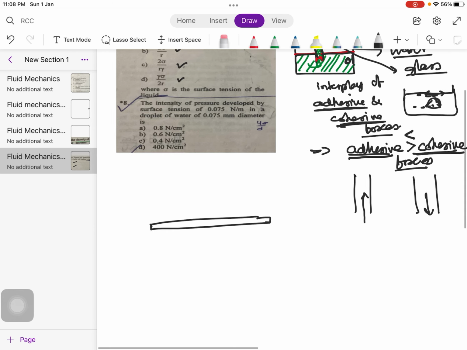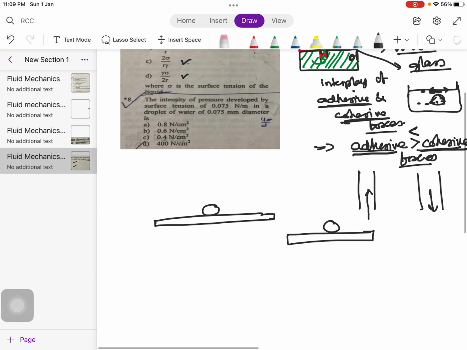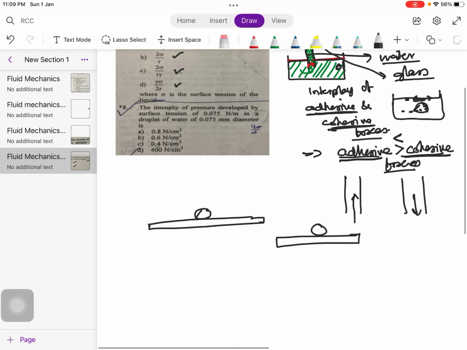We observe that when certain droplets of liquid fall on a surface, we can see two possible scenarios. The liquid droplets either flush with the surface, that is, the liquid tries to flatten itself over the surface in contact, or it tries to retain its spherical shape when it comes in contact with certain surfaces.